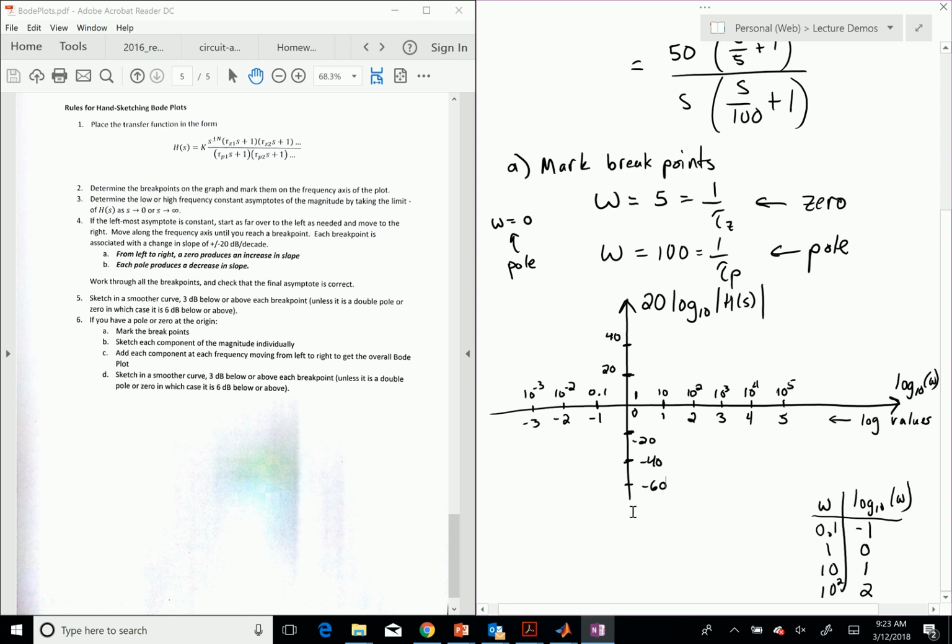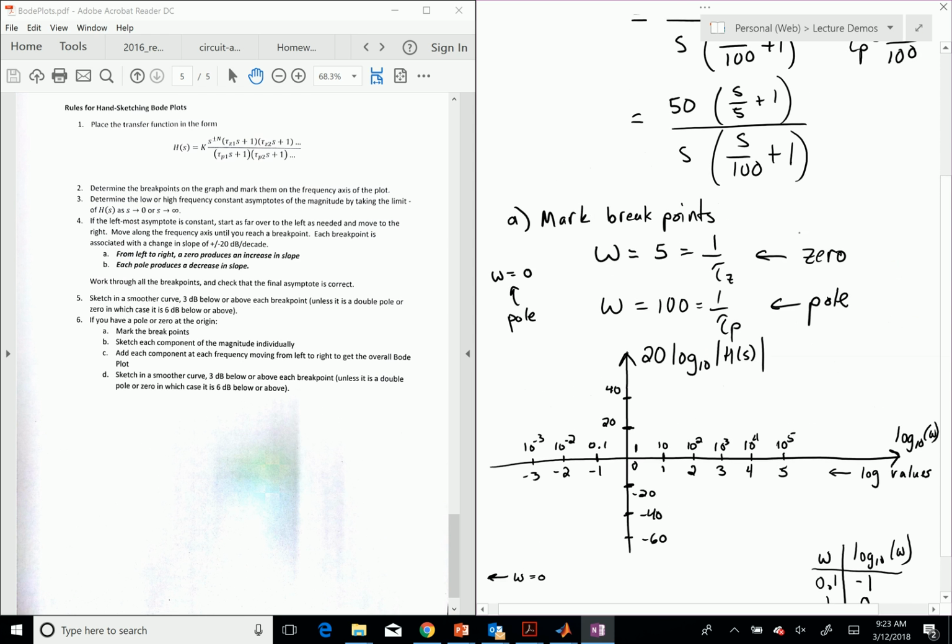All right. So the breakpoints: omega equal to 0 is all the way back here. Omega equal to 0 is way back there. Now, omega equal to 5, if I want to figure out where that is on a log scale, I have to ask myself, what is the log base 10 of 5? If you compute that, you get about 0.699.